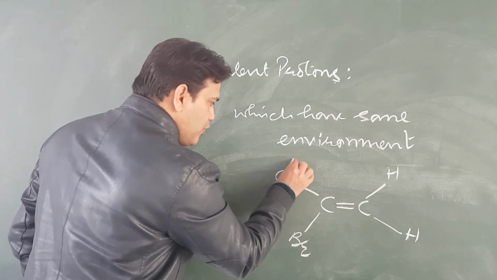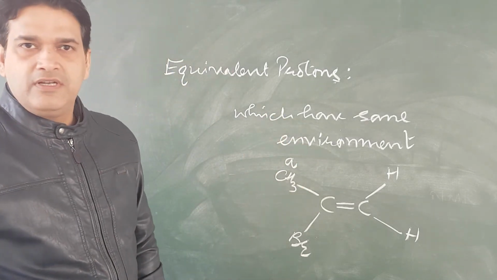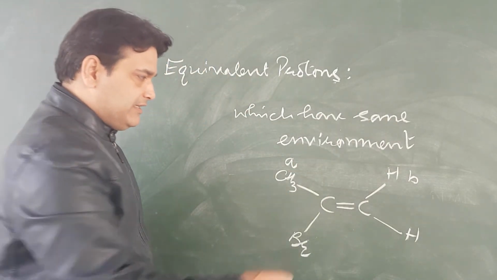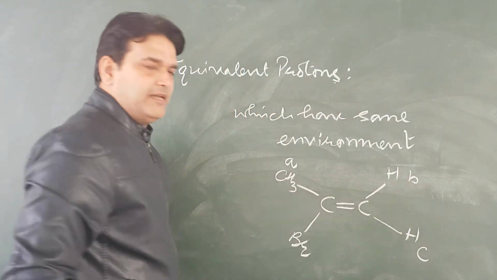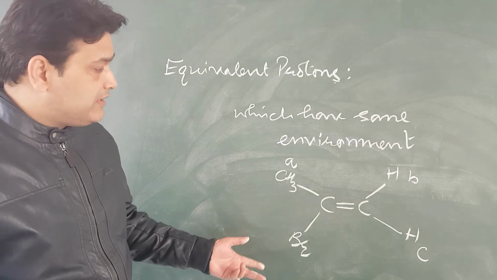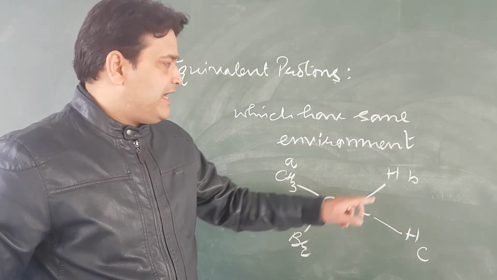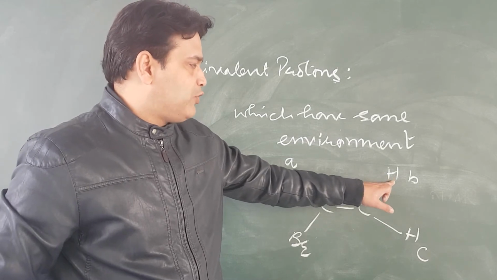So if it is A type proton and this is B type proton, then this will be C type proton, because due to the double bond there is no rotation. What is the environment of this proton?